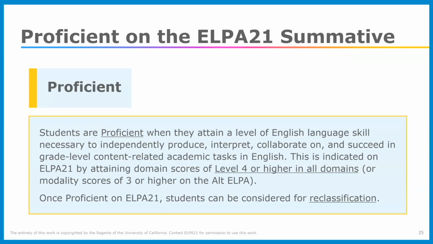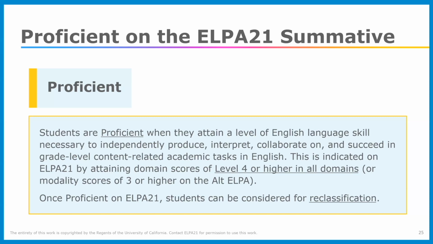As previously mentioned, we define proficiency as a student attaining grade level English sufficient to independently participate in instruction. Level 4 reflects the English that students need to engage and participate in that grade level instruction and score proficient on their statewide content assessments.